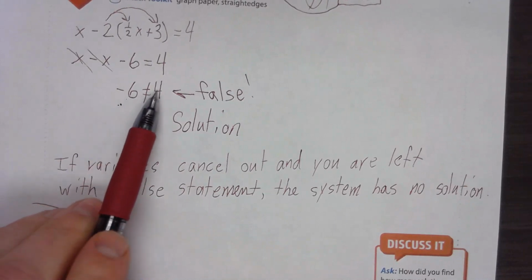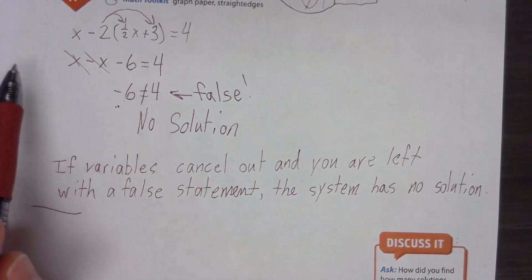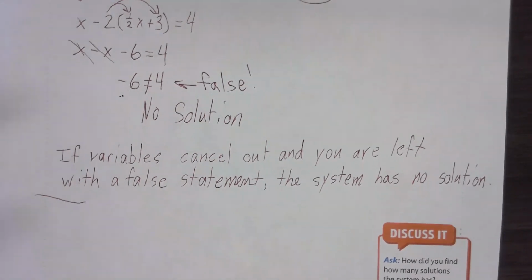Notice, that's not true. Negative 6 does not equal 4. The variables went away. No solution.